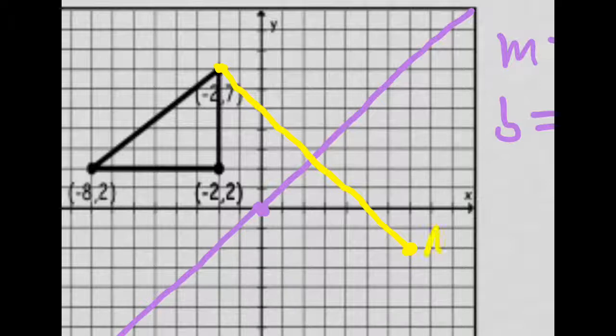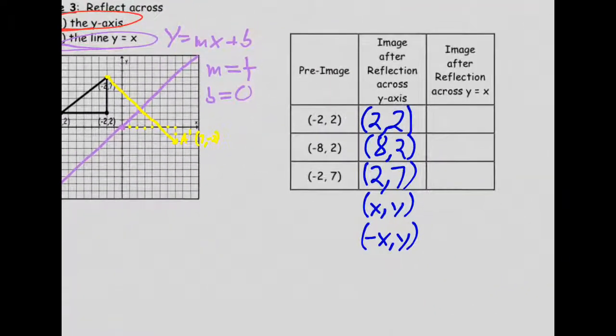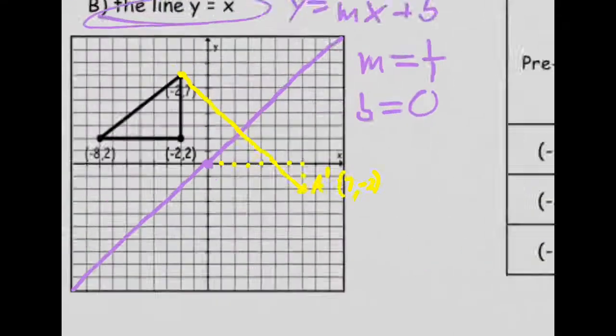So for this one, our point A prime here would be 1, 2, 3, 4, 5, 6, 7, 8, and negative 1, negative, oops, sorry, not 8, 7, negative 1, negative 2. 7, negative 2. Let's put that on here. Same thing for our point 2, 2 over here.